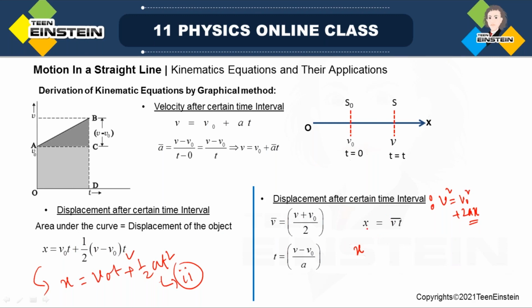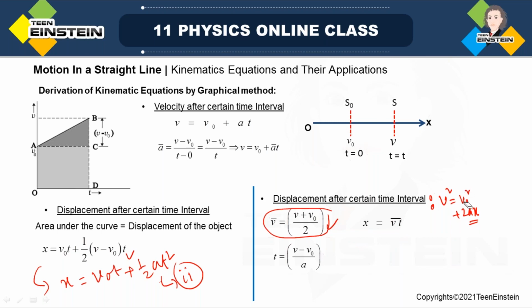Okay, so we have seen the x average. From here we can also find that the displacement for an object which is moving with uniform velocity v bar, or average velocity, after a certain time t will be v bar into t. This bar is the average velocity. So average velocity is given by this equation, v plus v0 by 2.